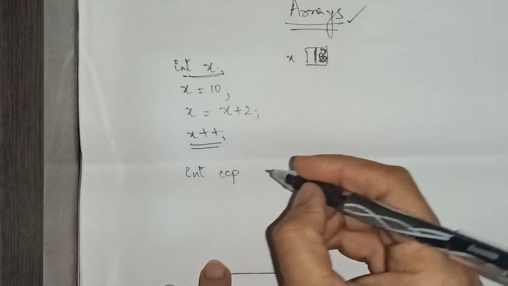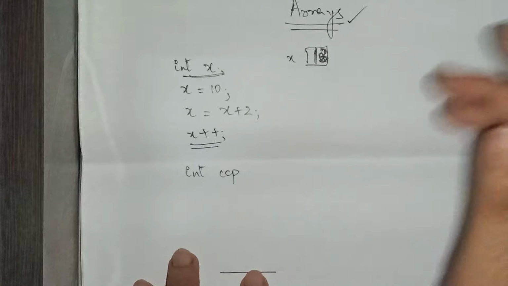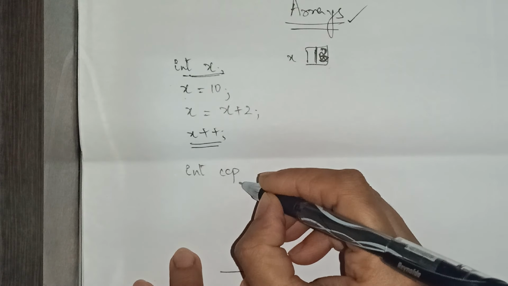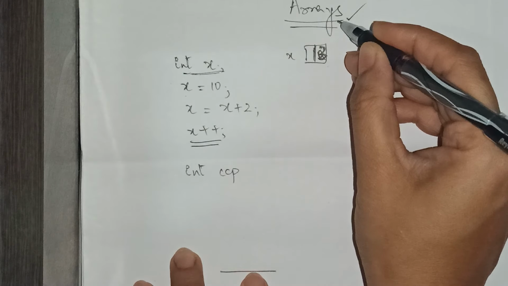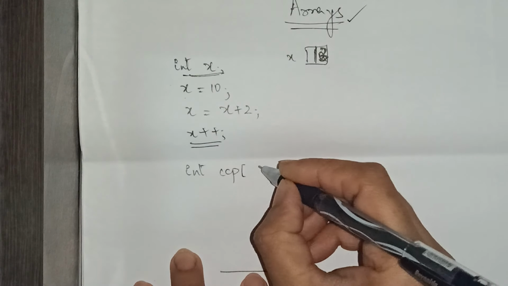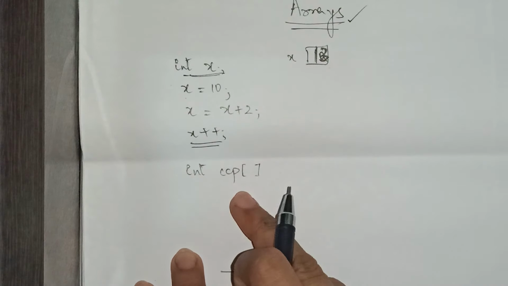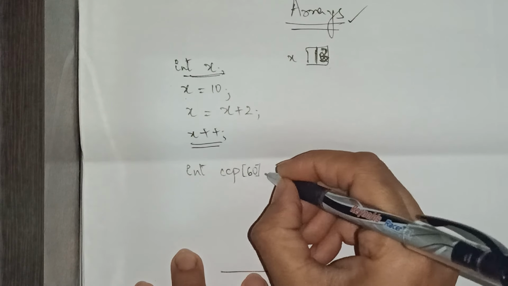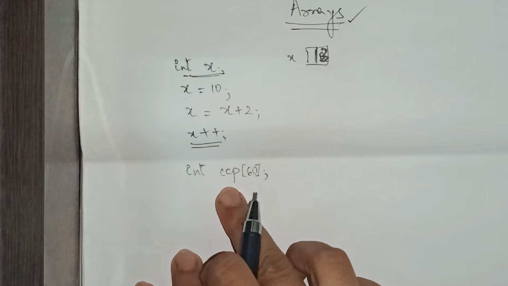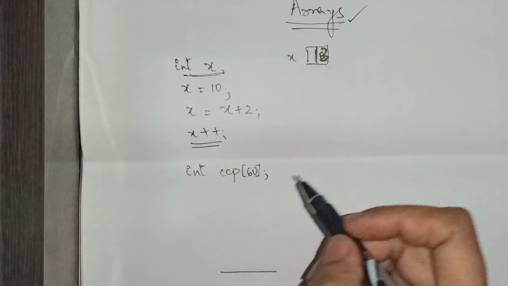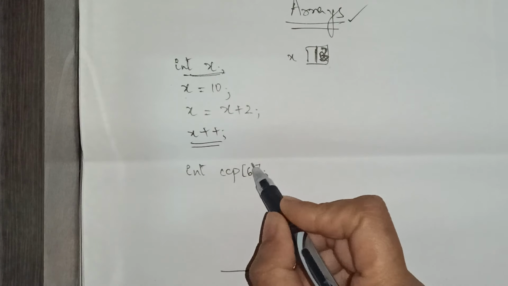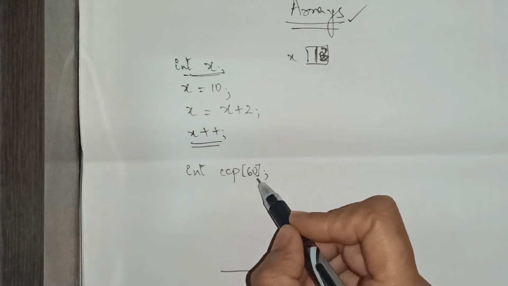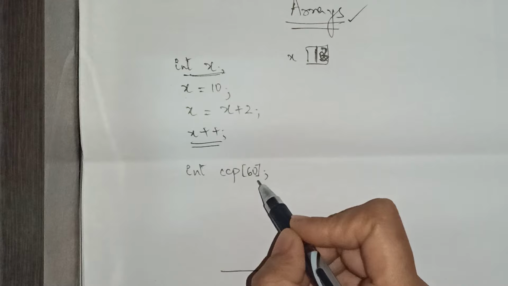That means the creation of this variable needs to convey to the compiler that it's an array type. How? In this example, I need to store 60 values in the variable CCP, so I specify the size. That means at the most this variable can hold 60 values.